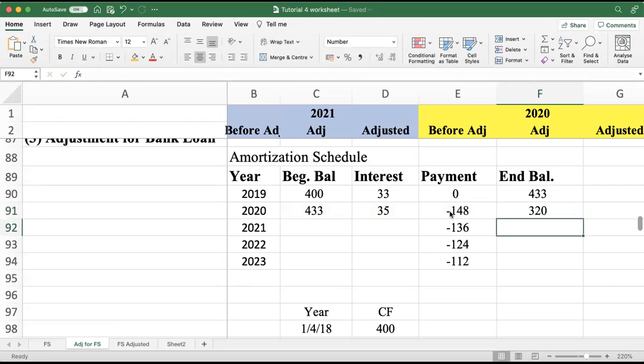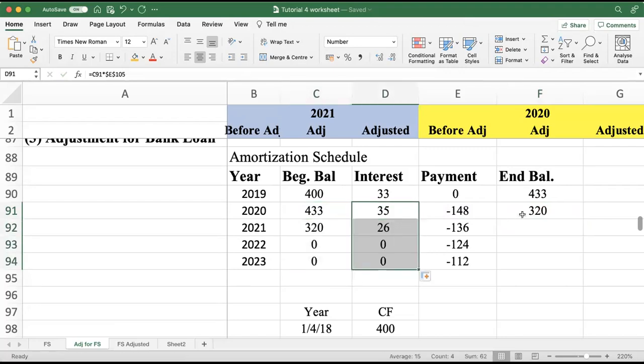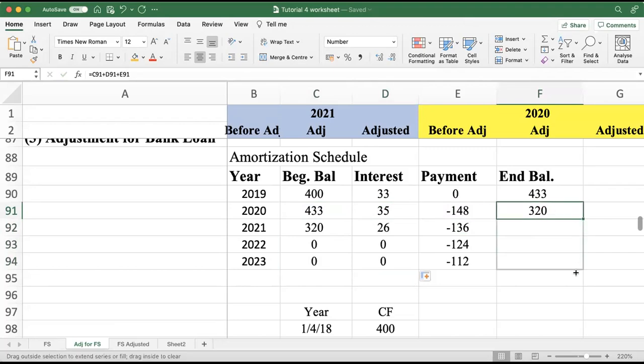You see end balance 320. Likewise, you can complete the table.